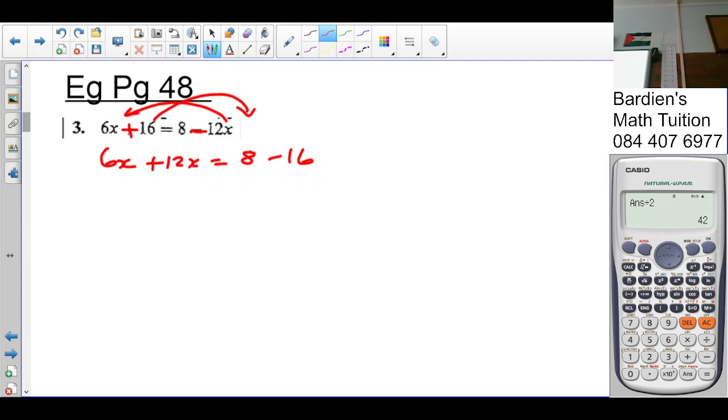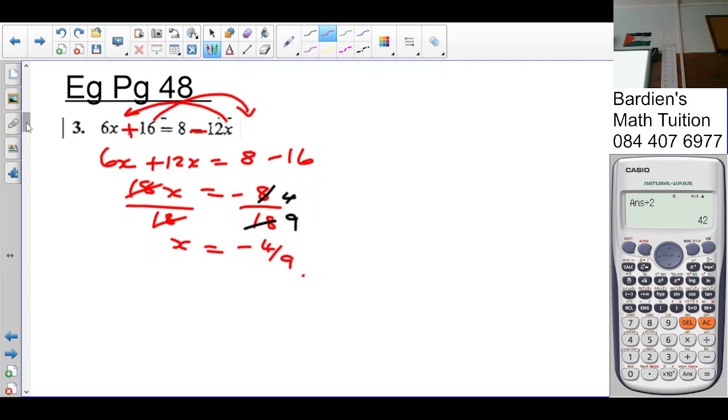So what's 6x plus 12x? 18x equals 8 minus 16, divided by 18 both sides. That cancels. So x equals, 2 goes into 8 4 times, 2 goes into 18 9 times. So it's negative 4 over 9.